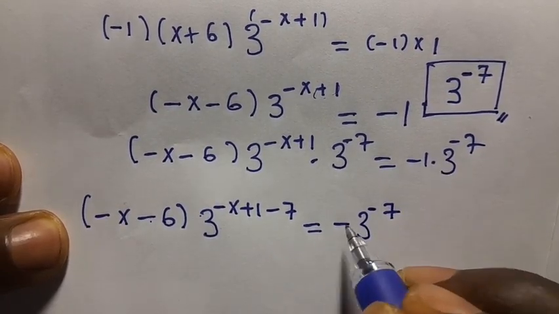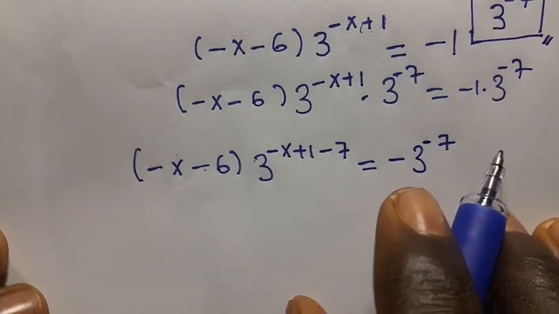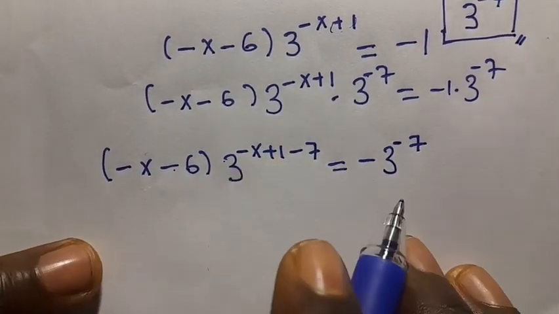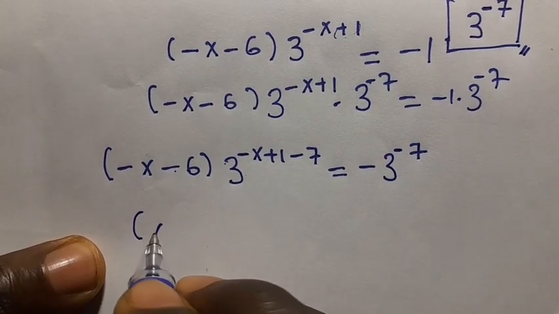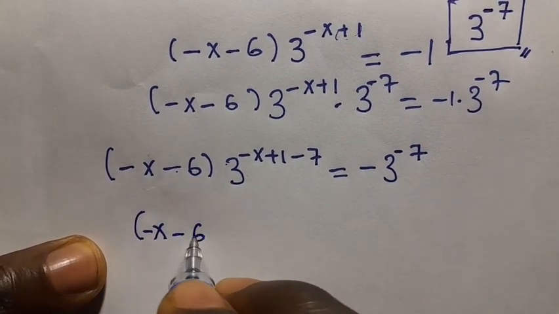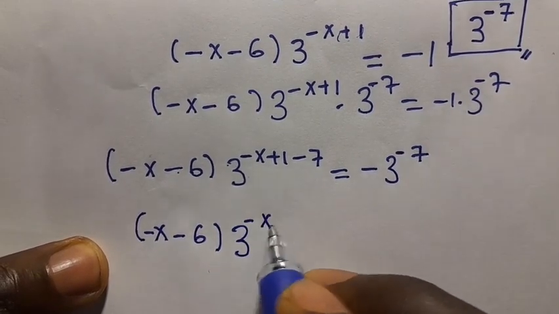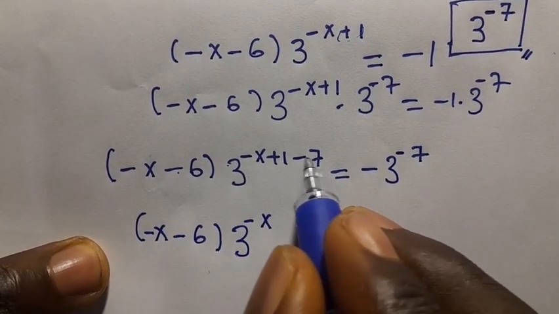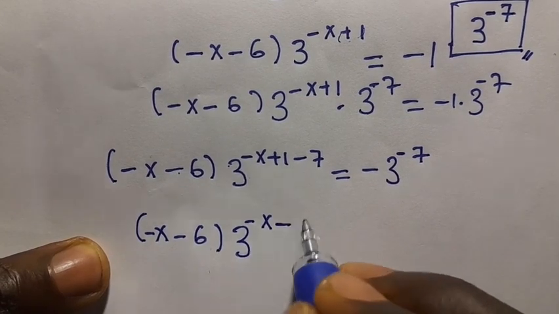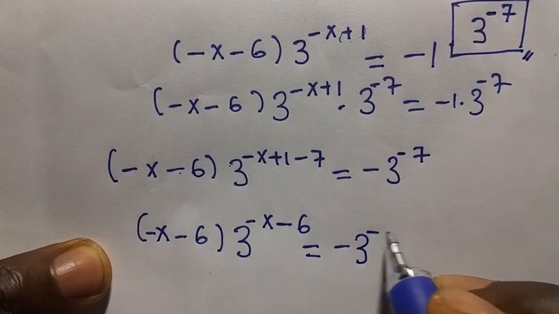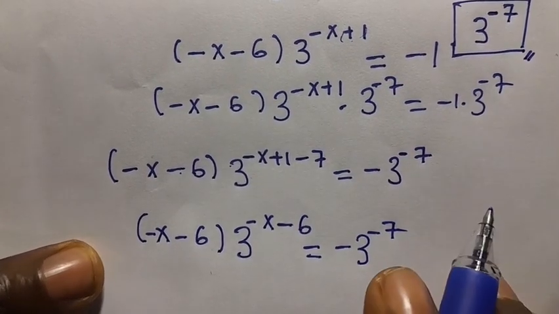Minus times this will be minus. Now from here, we have minus x minus 6, then 3 raised to power minus x plus 1 minus 7, which is minus x minus 6, equals minus 3 raised to power minus 7.